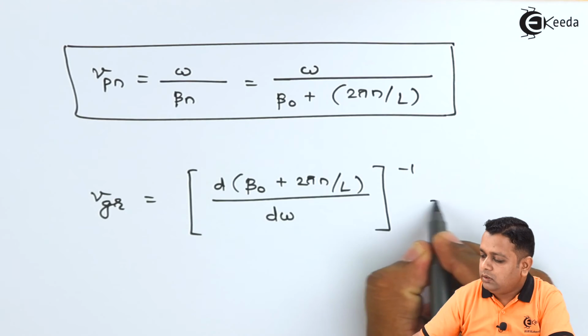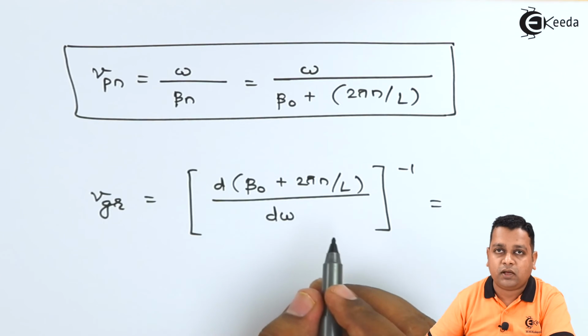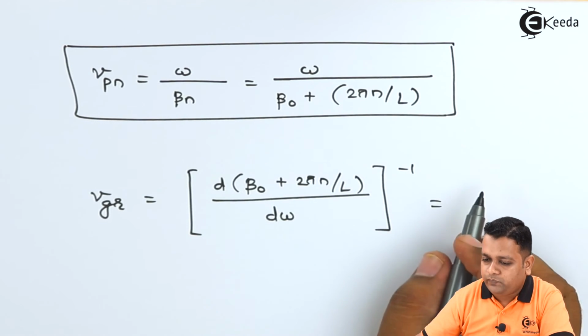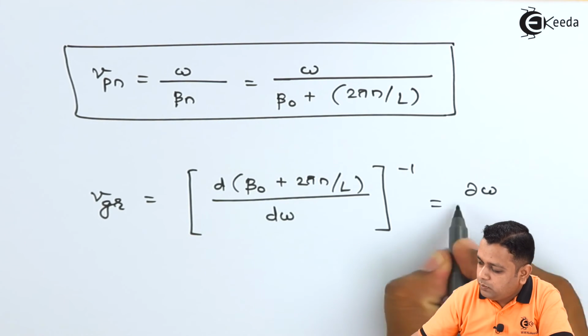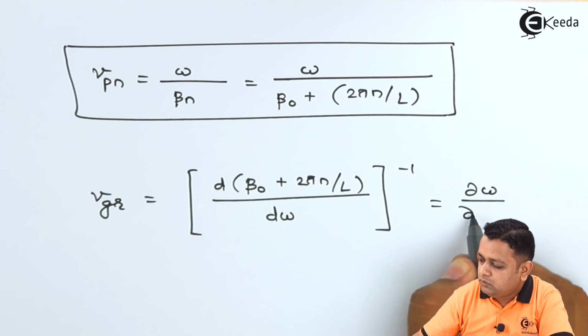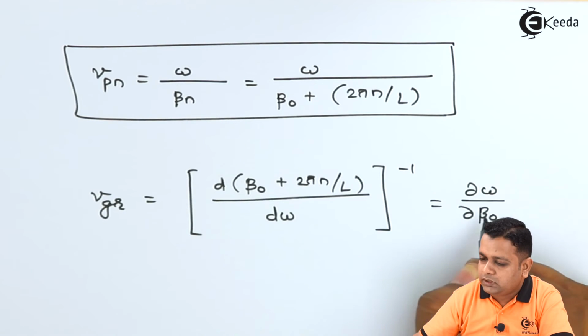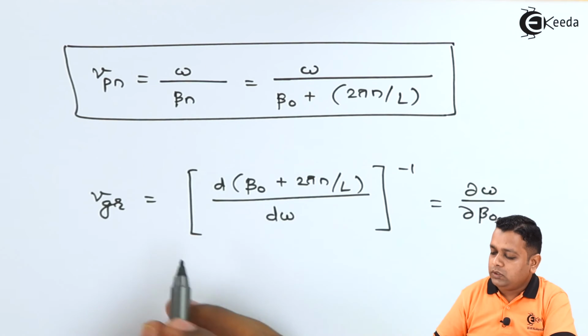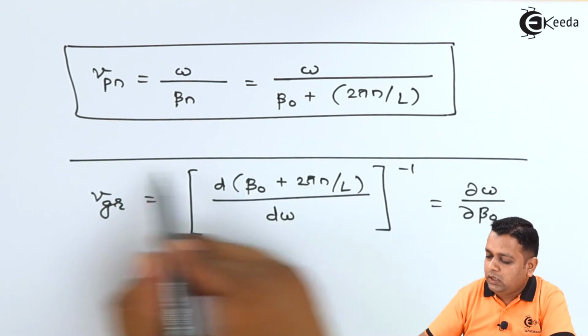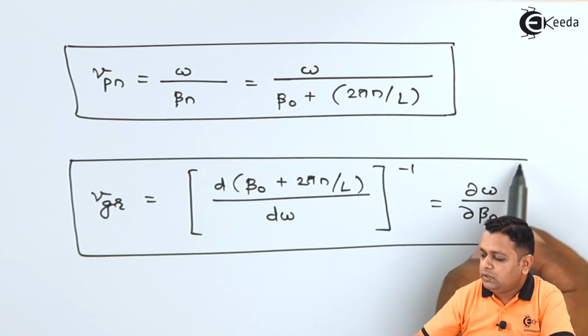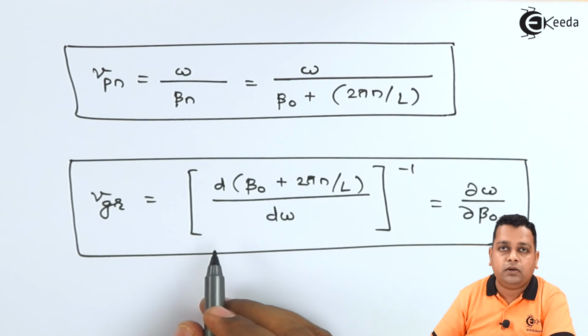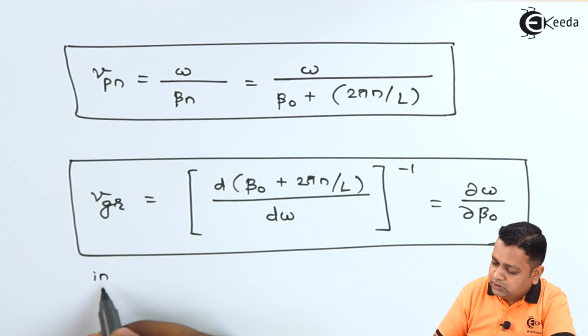So the inverse of the square bracket can be simply represented as del omega with respect to del beta suffix 0. So for the group velocity we can say that v suffix gr is independent of n. So I mention here.